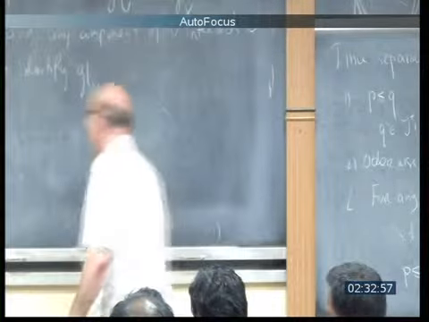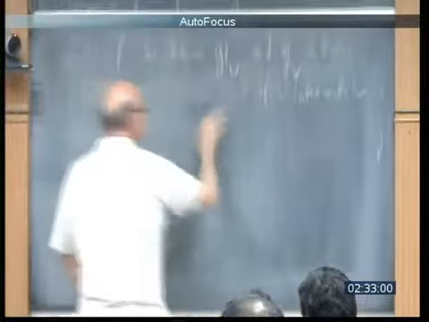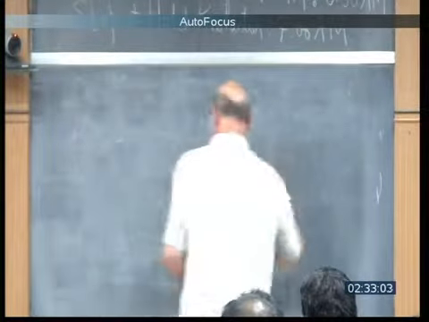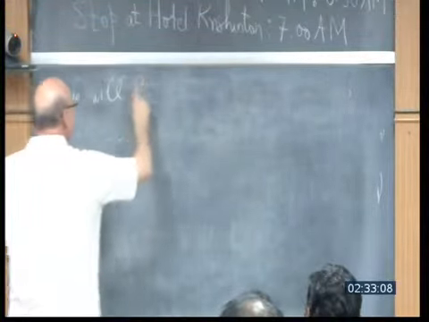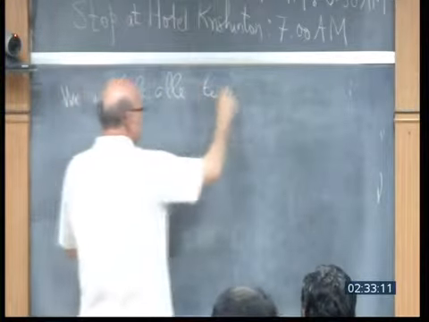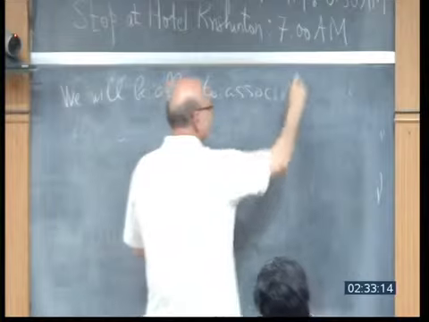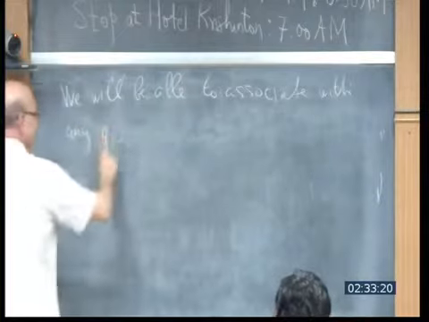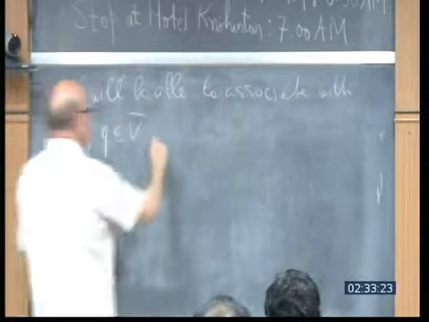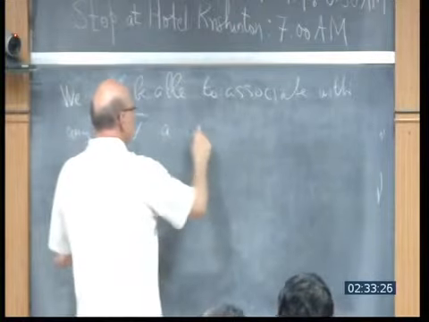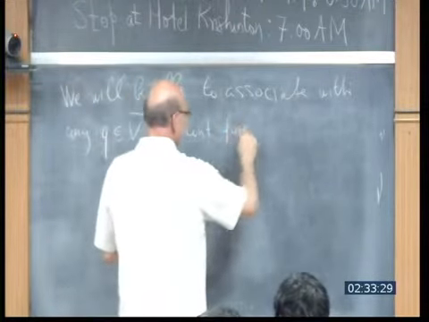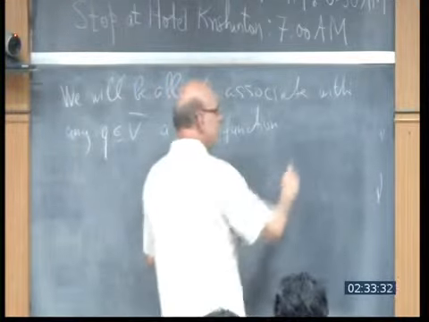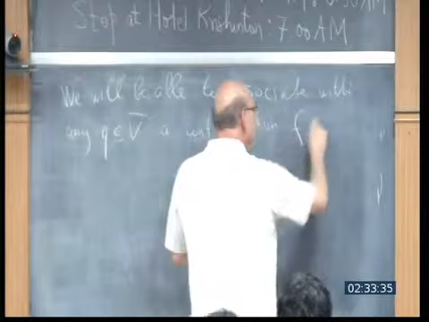Again, it will turn out that what we are aiming at, we will be able to associate with any Q in V, actually in V bar, a continuous function f_Q of alpha.